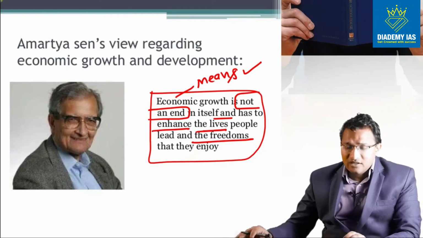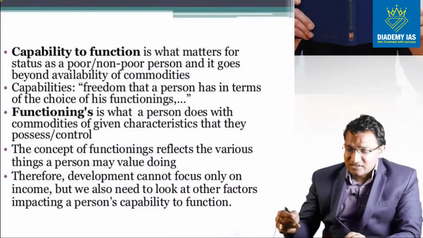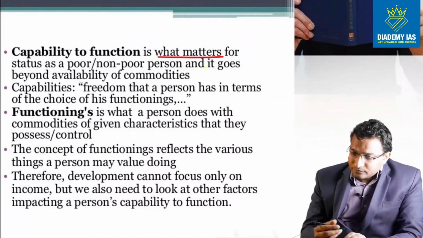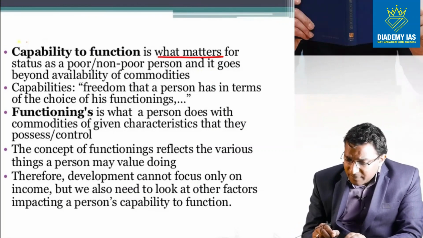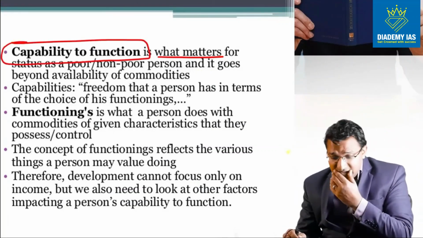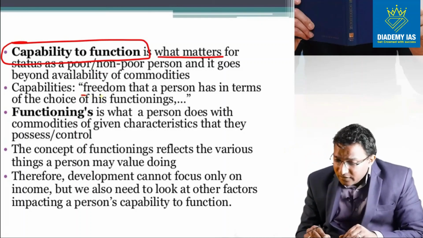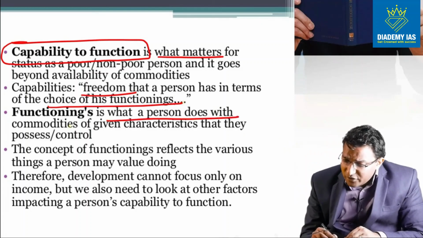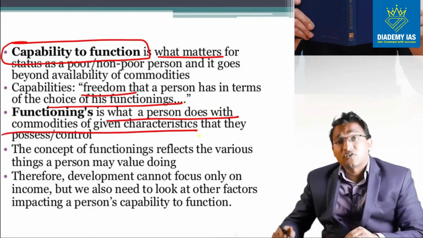right? And Amartya Sen came up with the capability approach. Amartya Sen said that what matters is that the capability to function is provided to each and every person. Capability basically means the freedom in choice of functioning. And what is functioning? It is what a person does with the commodity of given characteristics that they possess or control.